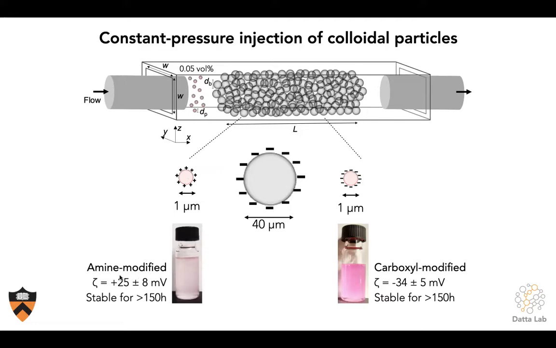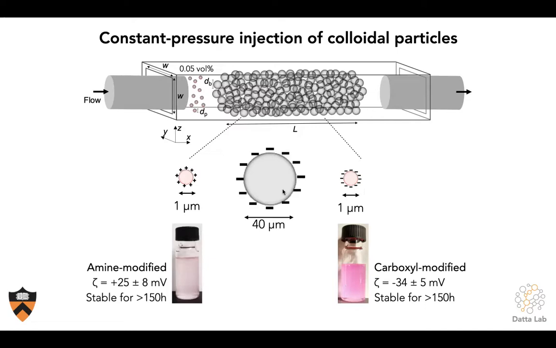One set is amine modified, so these are positively charged, electrostatically attracted to the negatively charged glass beads making up this porous medium. Another class of particles is exactly the same, but now they're carboxyl modified, negatively charged, electrostatically repulsive. So this is a sticky interaction, this is a non-sticky interaction.